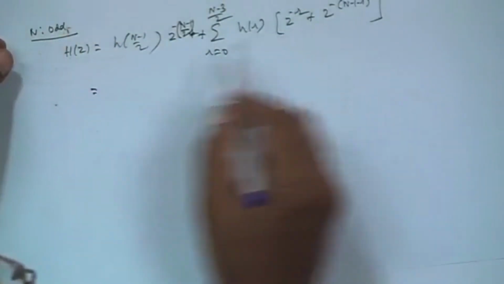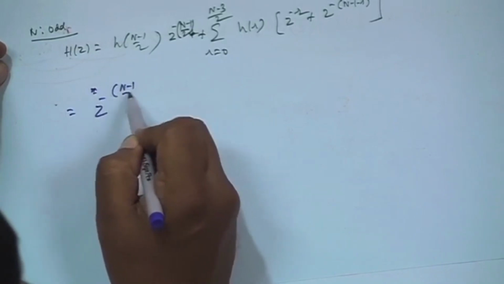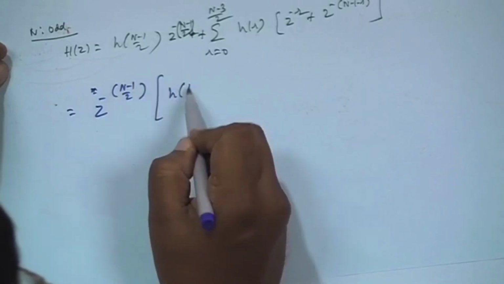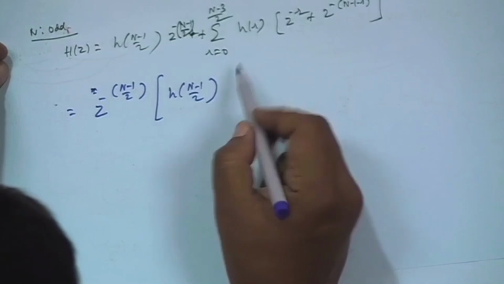So, from here also I take out this z to the power minus. This remains as it is. I have taken this out, and from here also I take out.